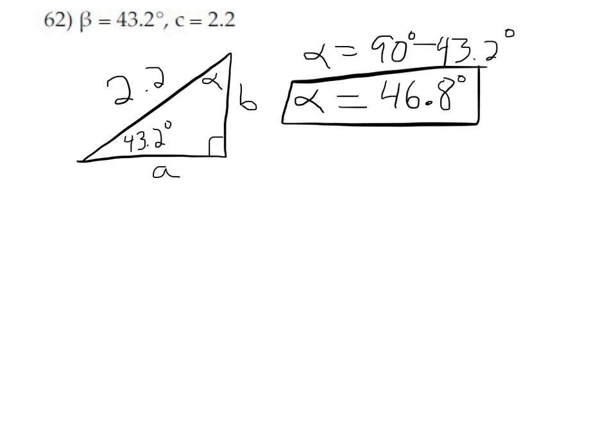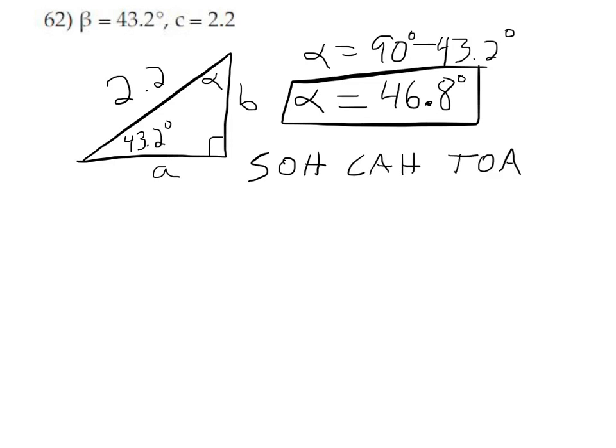So that's the easiest. On a right triangle, if you're given one of the acute angles, the other angle is easy to get.